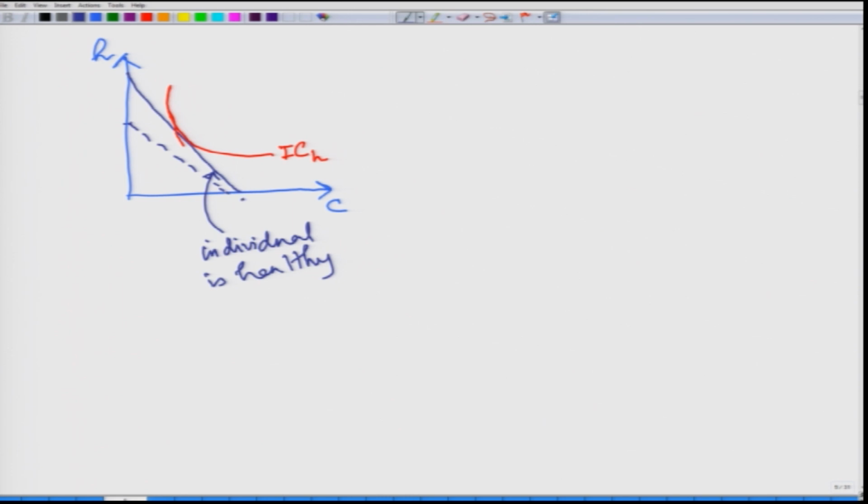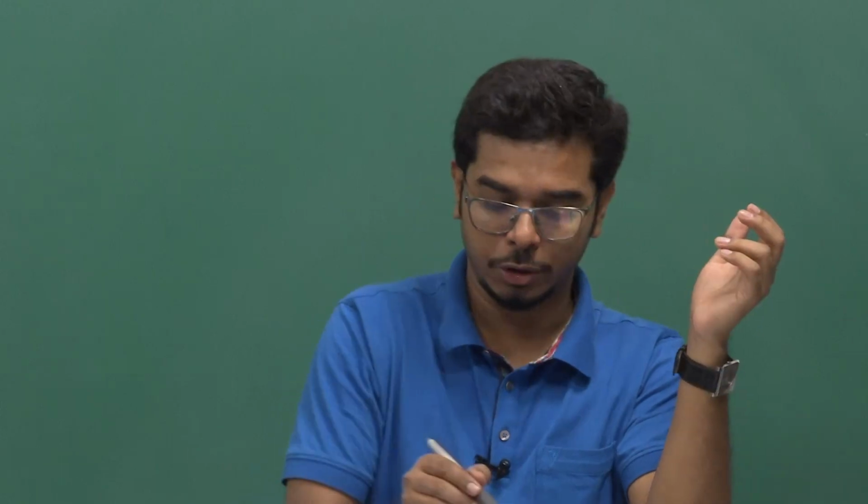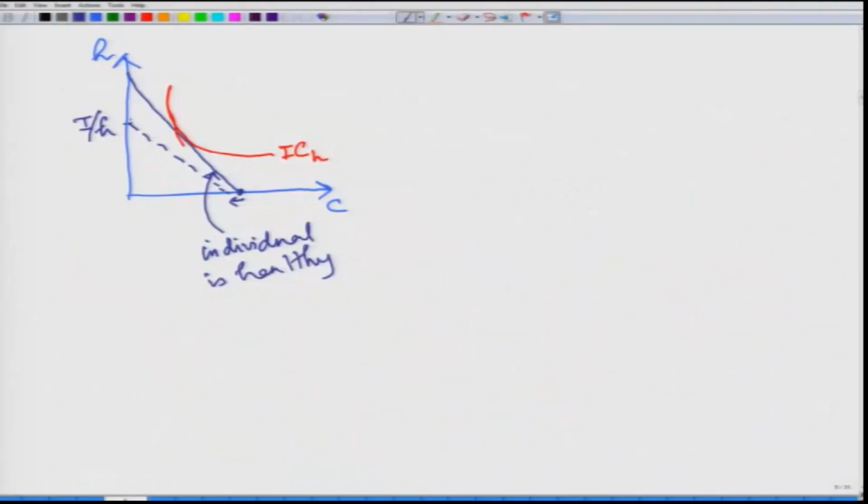If they decline their consumption as well, if they don't, then it will start from this point. If they do, then it will decline, and because the expenditure has increased, you can see the I by H will fall down and their indifference curve will shift.